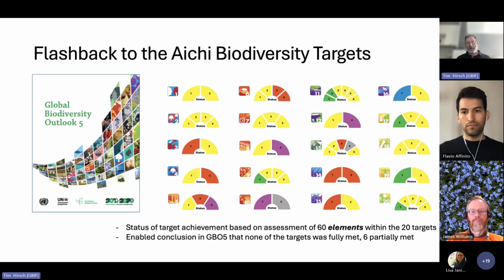And that's what gave rise to this sort of headline conclusion about the level of achievement of biodiversity targets. So I'm just pointing that out because it demonstrates the way in which the concept of dividing targets up into elements was already a very important part of the process of being able to report overall on progress towards the Aichi biodiversity targets.